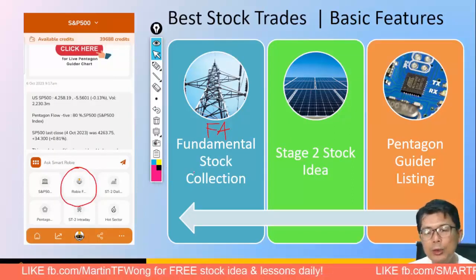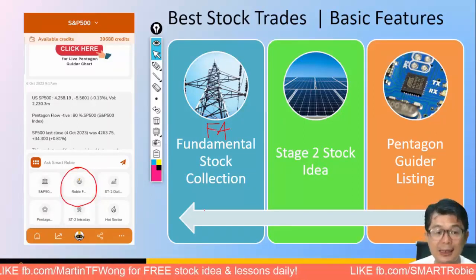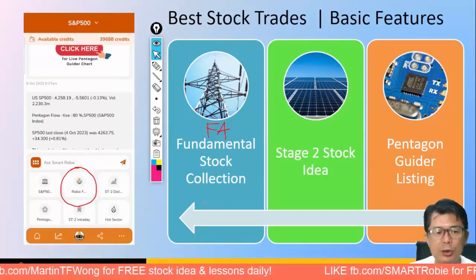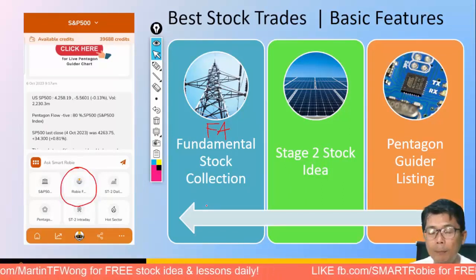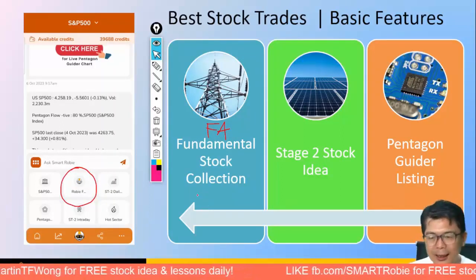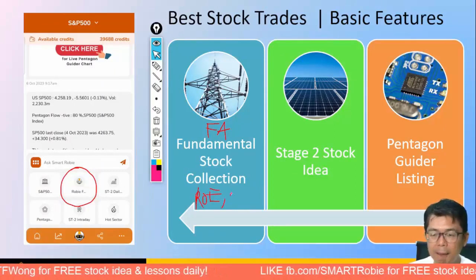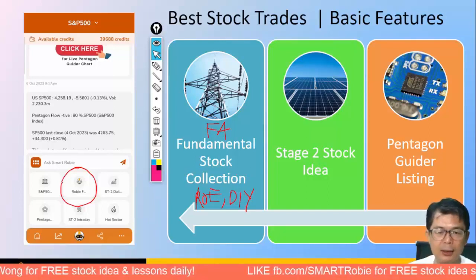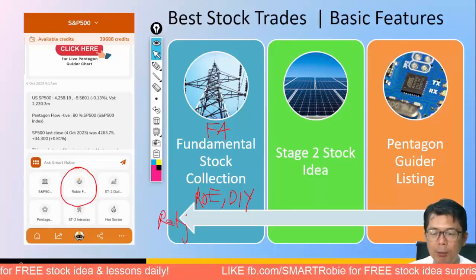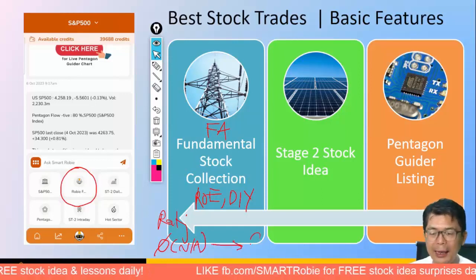So why did we choose that? Because we find many of our members are generally not savvy enough. So we want to give them some sort of a foundation, that the stocks are generally well protected. Well protected in terms of being profitable, judging by their ROE, return on equity, and paying decent dividends. That's a Robie FA stock, and we also rate them from 0, which sometimes we call not applicable or not available, to 8.